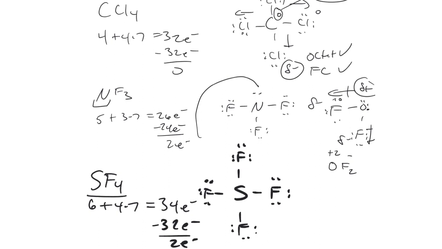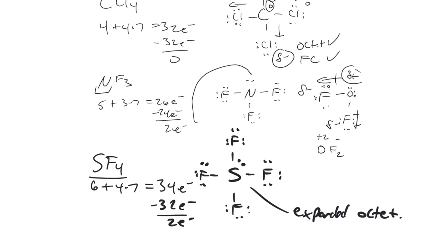Is there room on sulfur, because its octet's being filled too? Well, there's not much of a choice but to put those electron pairs on that central atom. One, because usually the central atom is going to be the bigger atom. When these types of compounds form, notice sulfur is expanding its octet. But the expanded octet can happen in a compound like this for a couple of reasons. One, because sulfur is big. This is going to happen third row and beyond.